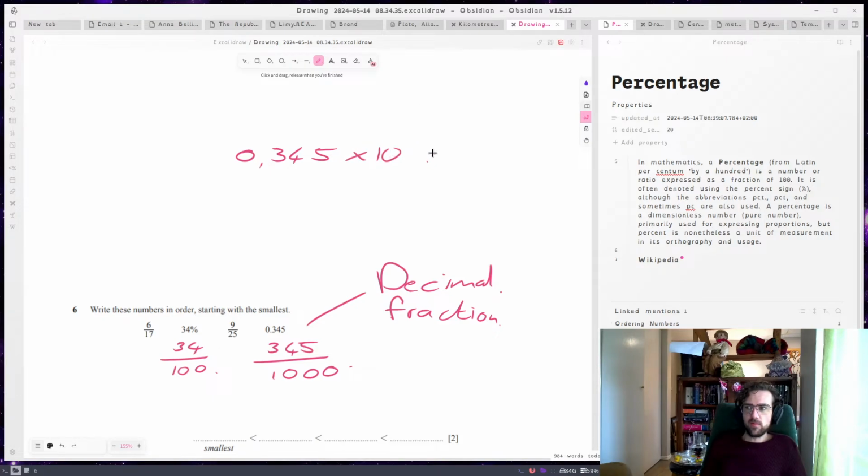But if I'm going to multiply it by 10 on the one side, I need to divide on the other side. So it's going to be 3.45 divided by 10. Because the reason I can multiply here and divide here is because this means equal. And if I do the opposite of multiply and I divide, then it's the same thing.